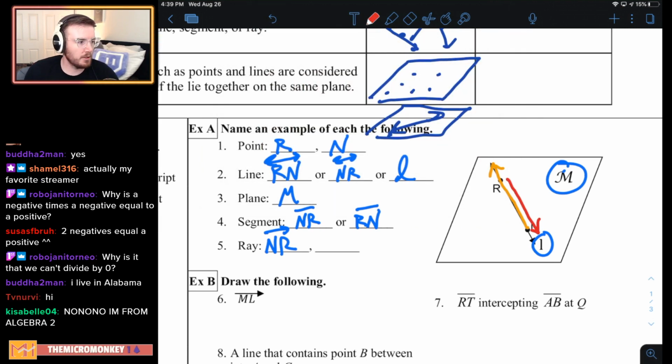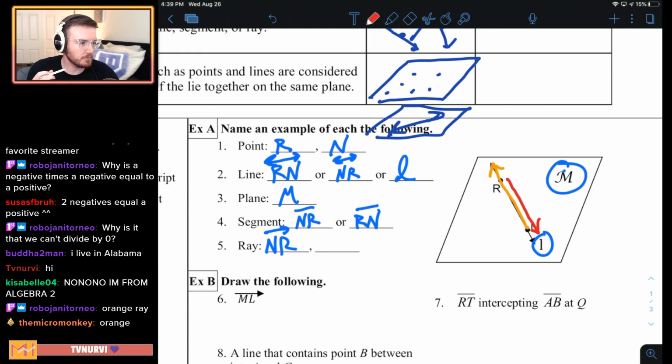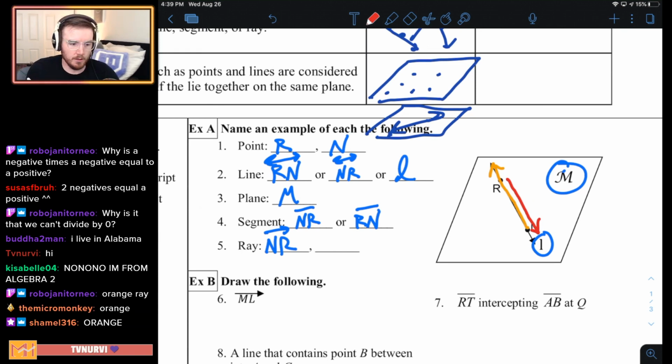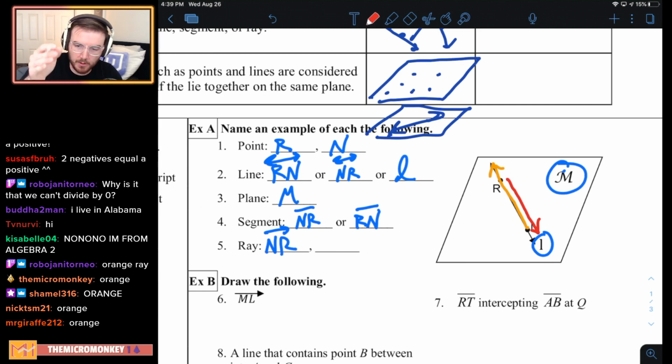The orange or red? Which one is ray NR? Orange, orange, orange. A few more people want to type orange for me because they're right. Yeah, NR. It starts with the letter N and goes towards the letter R.